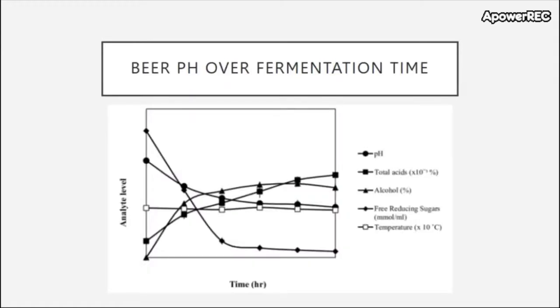So here's an example of that. This is beer pH over the fermentation time. If you were to take wort, which is unfermented beer, basically the sugar juice from the barley, and you were to add yeast to that solution, or sometimes they even use different types of bacteria to supplement the yeast, you can see what occurs over time.